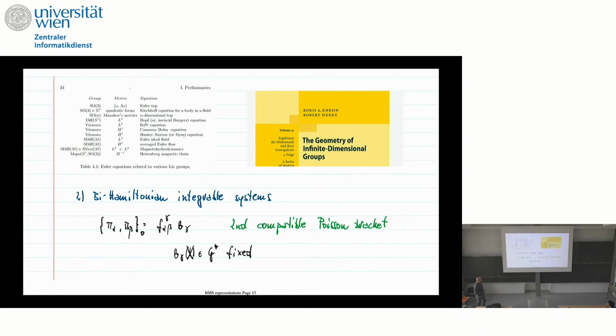There's also something else which is interesting, because you have so many symmetries. You can prove that they are bi-Hamiltonian and integrable systems, and there is a second compatible Poisson bracket that exists, which is not just take pi with pi, which is structure constants with pi, but put a fixed coadjoint vector here, and then you prove that this is a second compatible Poisson bracket that you can use to build your usual hierarchy.